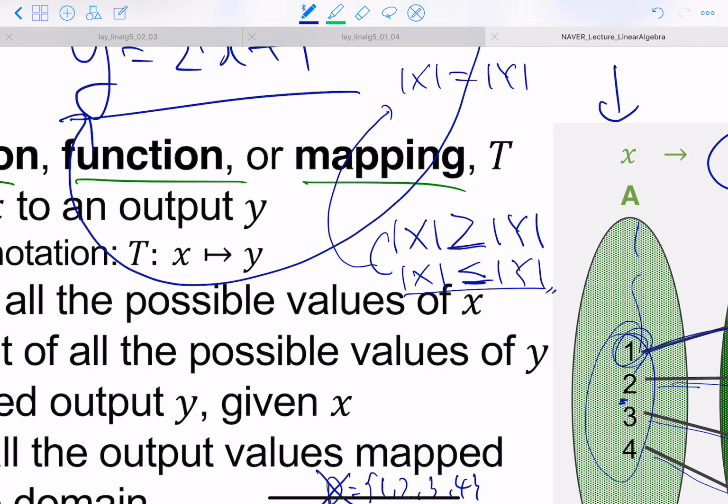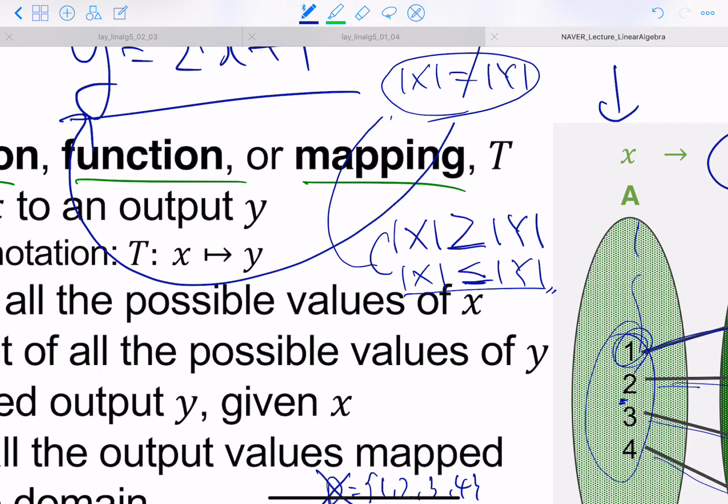Can we guarantee, based on this condition being satisfied, that the mapping is both one-to-one and onto?